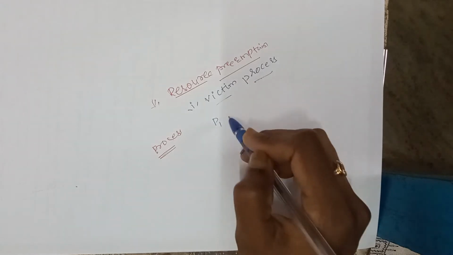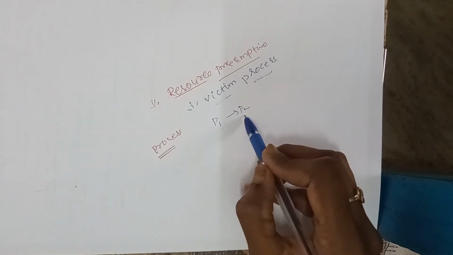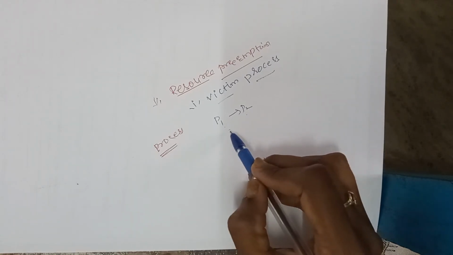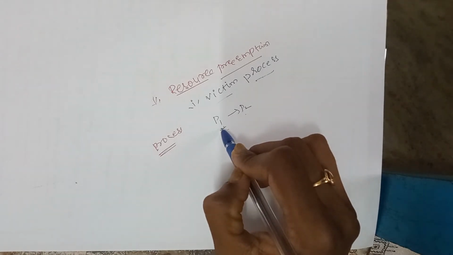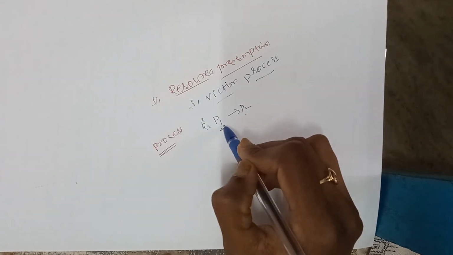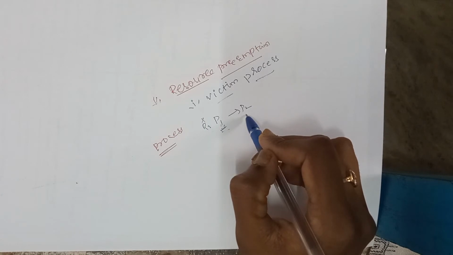Consider we have a deadlock between P1 and P2. Right? Now P1 is requesting the resource of P2. Now we have a deadlock here. Now what we have to do? We have to select the process P1 so that the resource R1 will be taken from P1. So P1 will stop its work so that P2 can execute the task very easily.